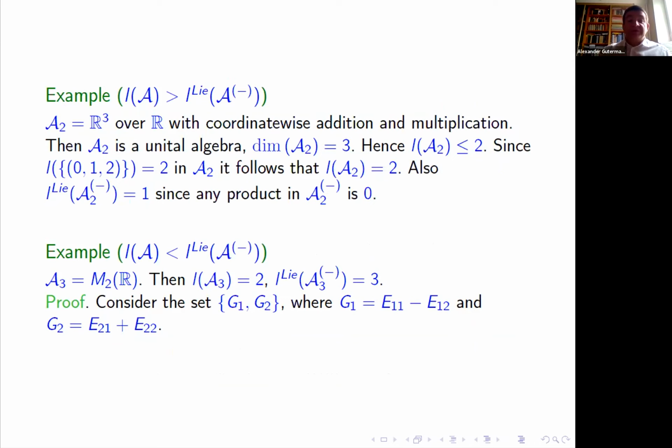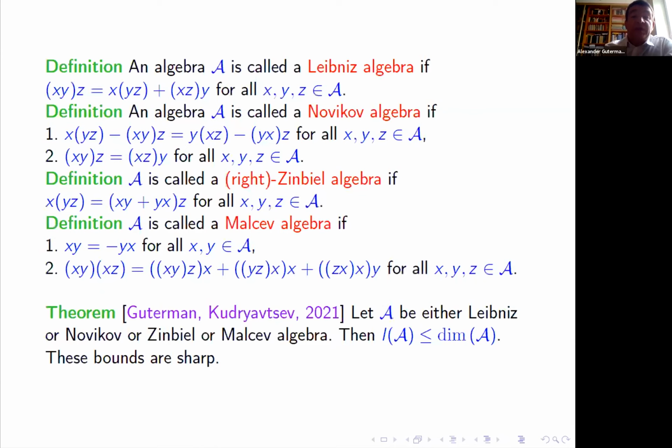Length of associative greater, or smaller. I will not go into the details for the lack of time, but I would like to mention that there are many classical classes of algebras where the growth of the length function is similar to the associative case.